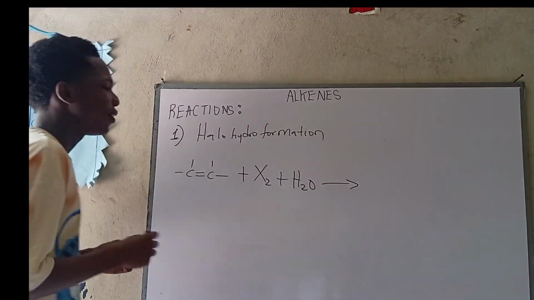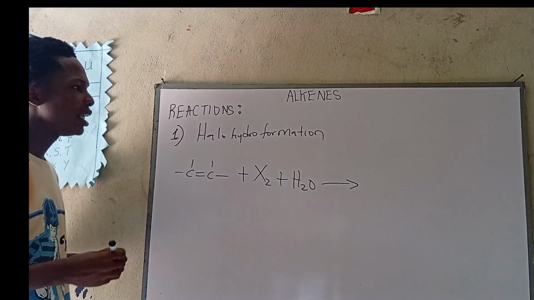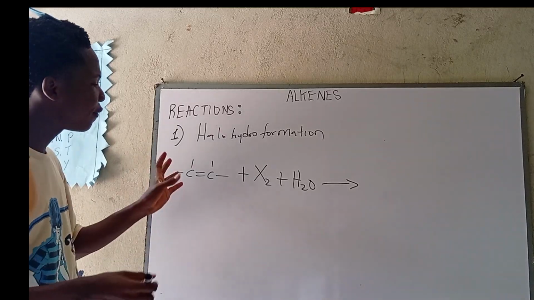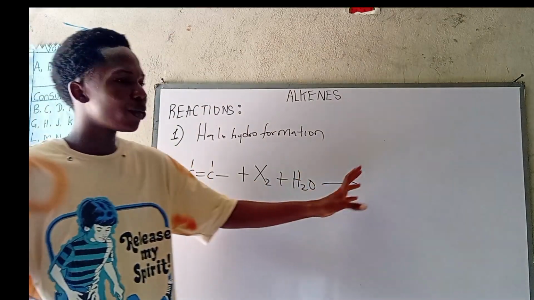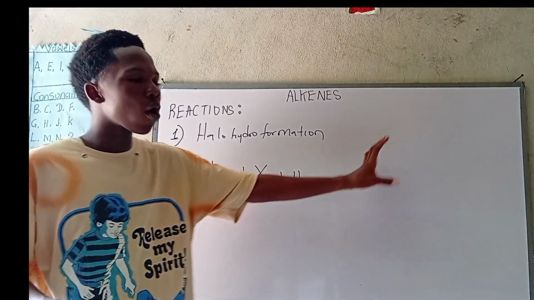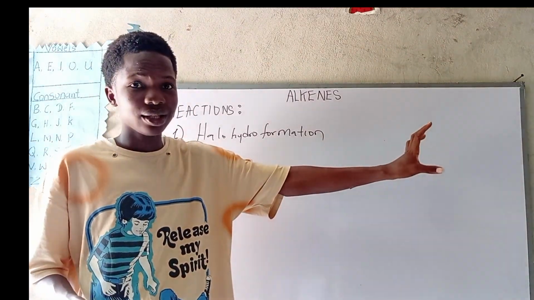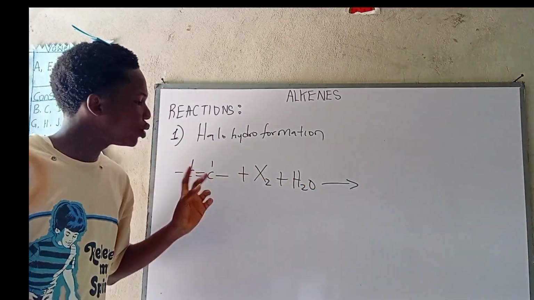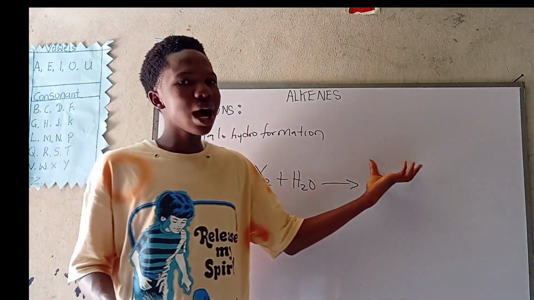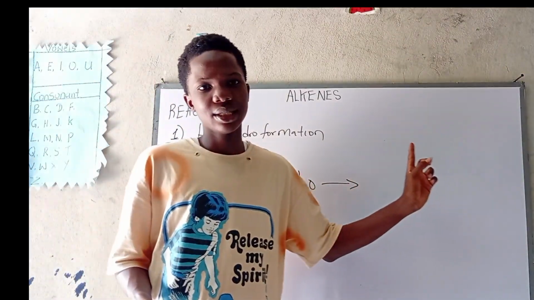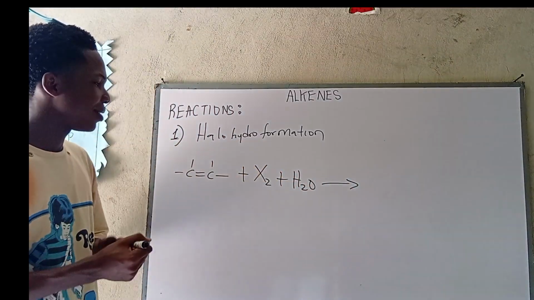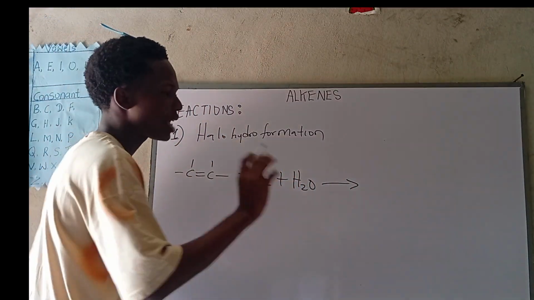So now, from the look of things, if we react these guys, what are the corresponding compounds that we are going to get here? We are obviously going to get haloalkanols and hydrogen halides. Okay. All right, so now this is how it's going to be.